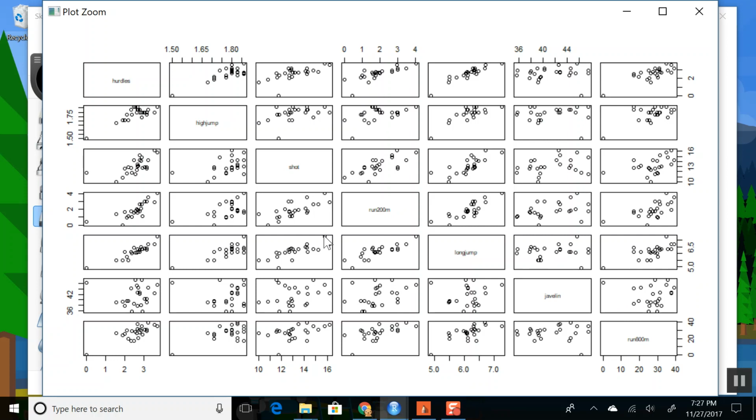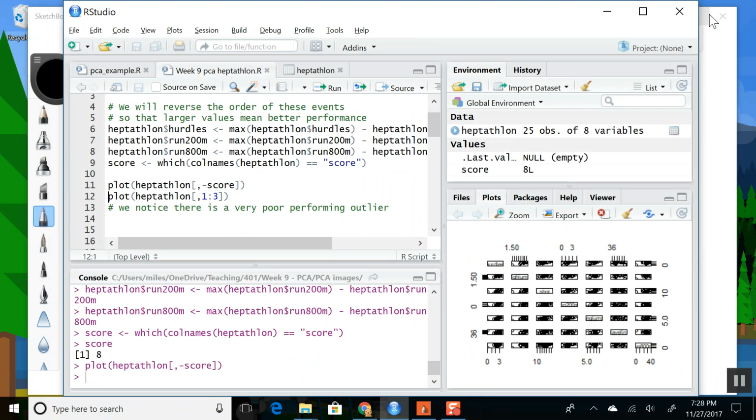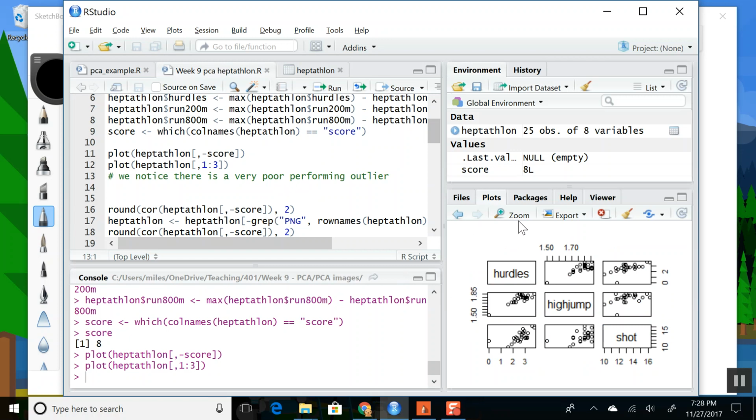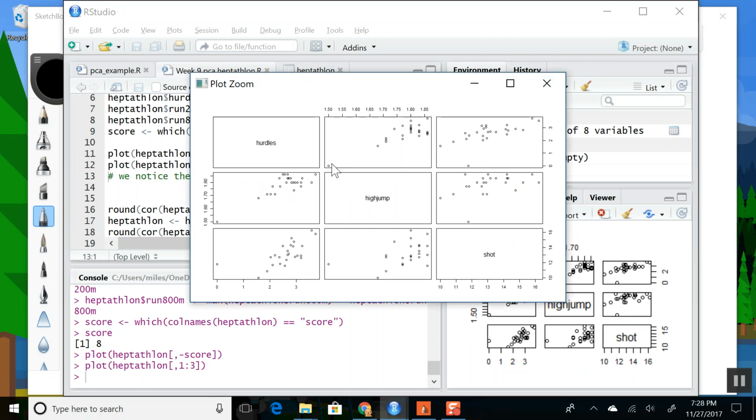But anyway, what we want to do is somehow compress all of these down to 1. Okay, and if we look at all of this, we do see that there is one athlete who, compared to everyone else, just performs a lot more poorly.